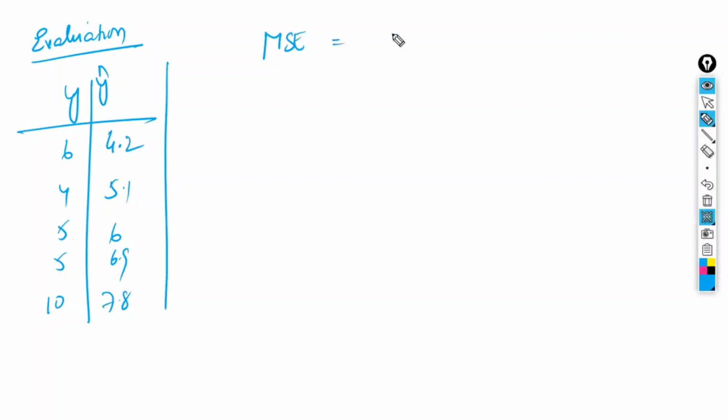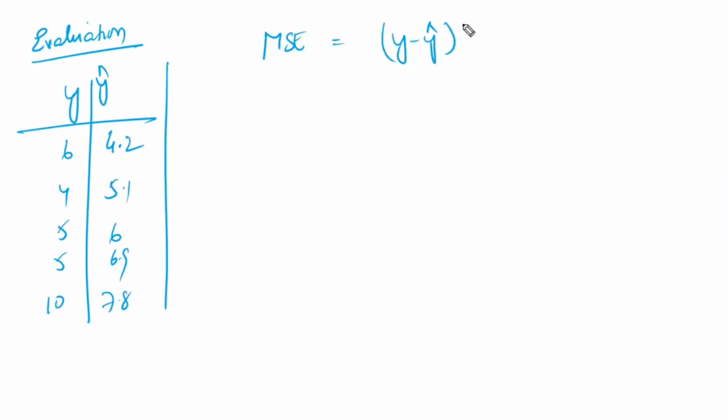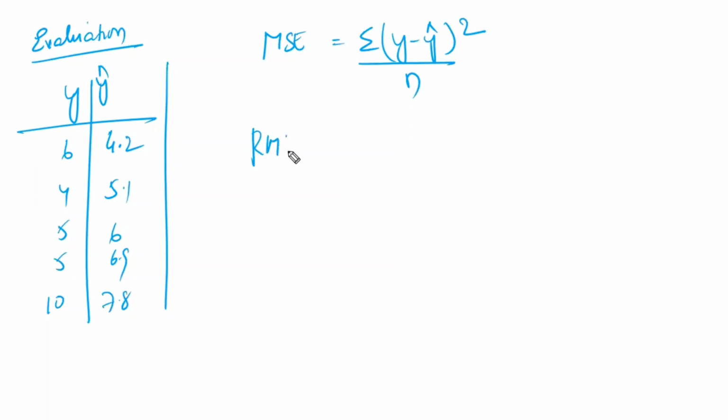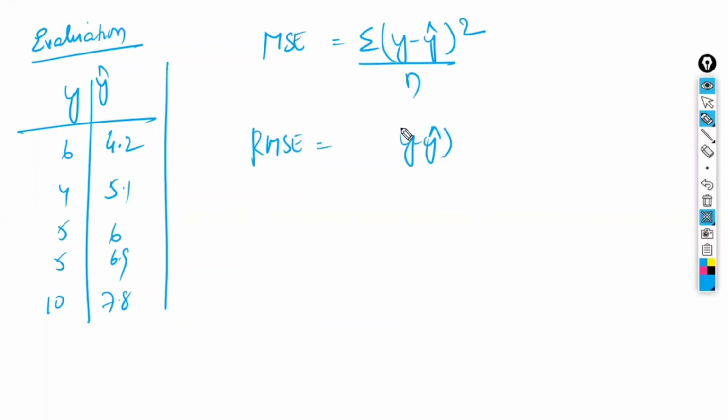Y minus y hat is called the error, then you square it and apply the mean, which is the mean square error. Next, RMSE. RMSE is again the same error: square of the error, mean of it, and then the square root. In the last class, we did MSE and RMSE.